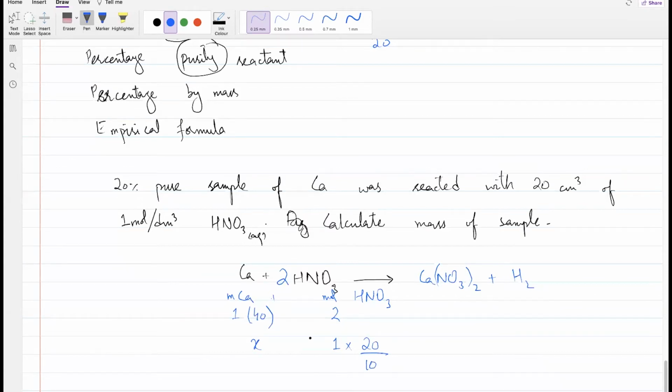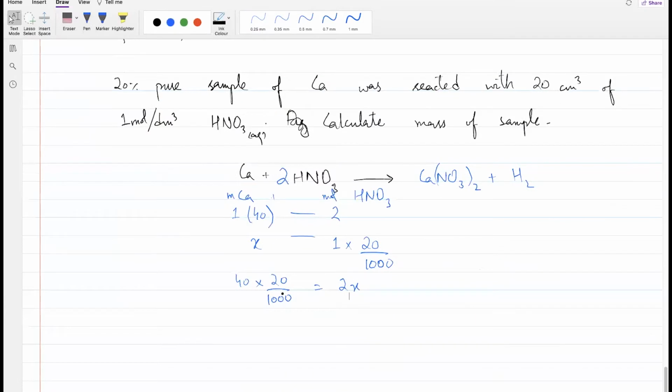Now we do cross multiplication. So we will get that 40 times 20 over 1000 equals 2 times x. So you do the calculations, you are left with x. This is telling me that 0.4 gram of calcium actually reacted. Now, how much was it in the sample?